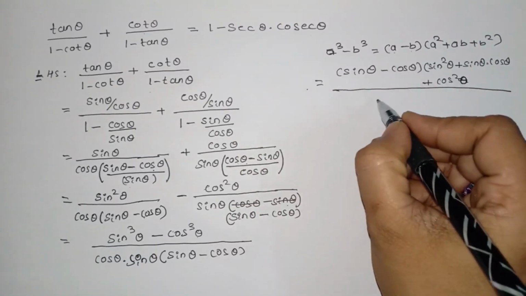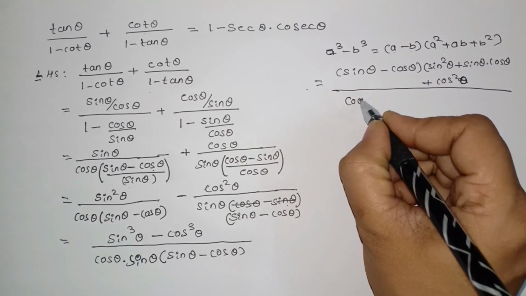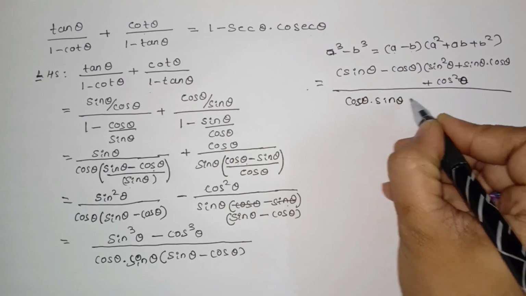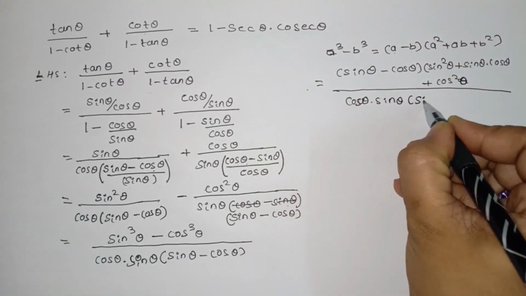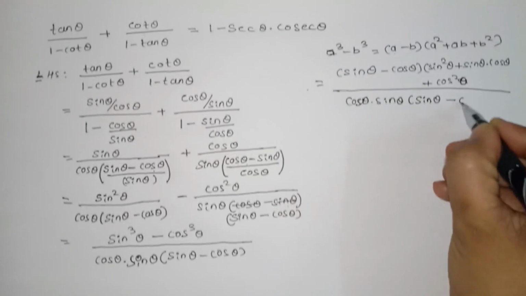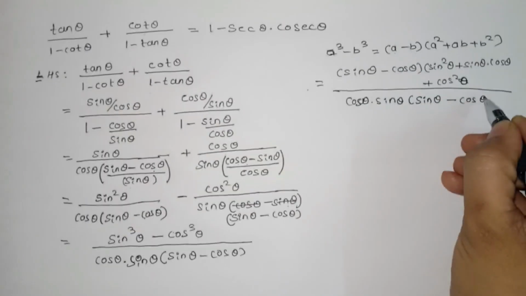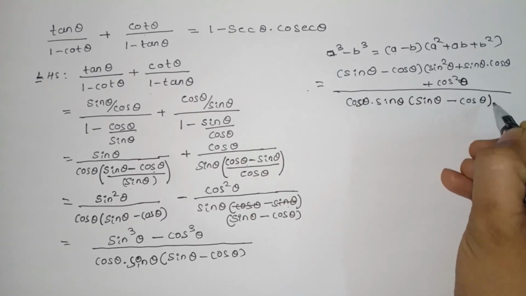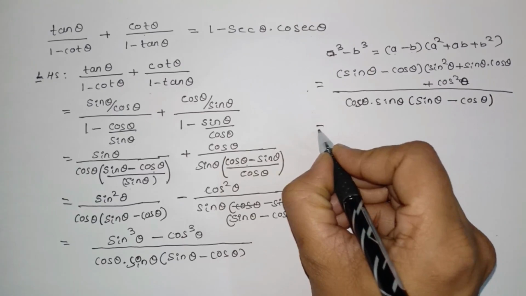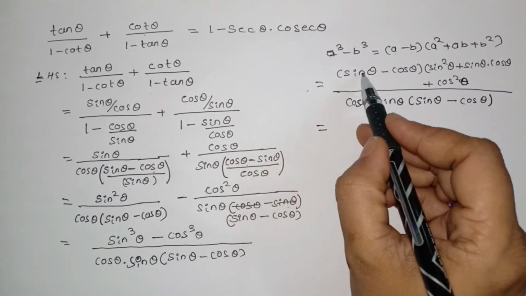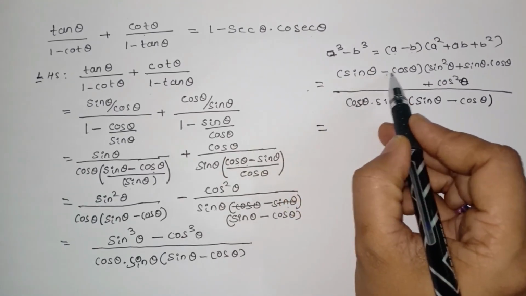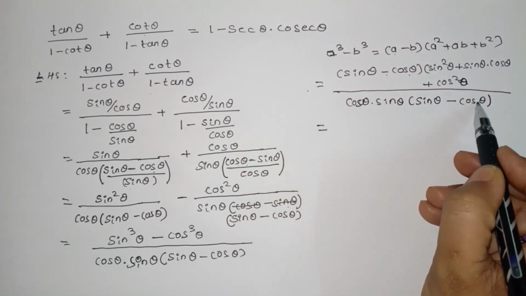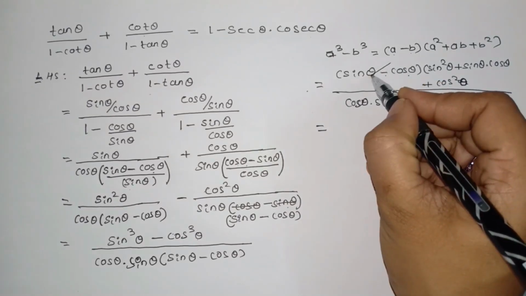the denominator term cos theta into sin theta into bracket sin theta minus cos theta. Bracket complete, which is equal to, now you can observe at the numerator we have sin theta minus cos theta, so the denominator also has sin theta minus cos theta, so these two will get cancelled.